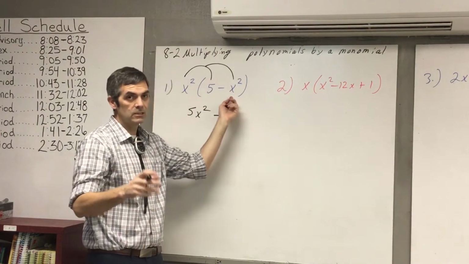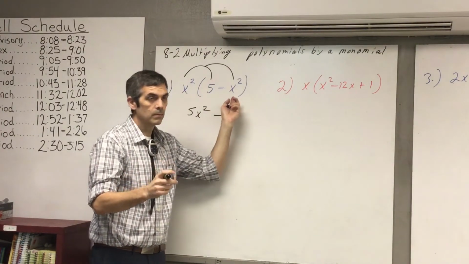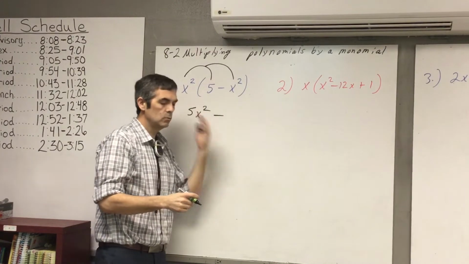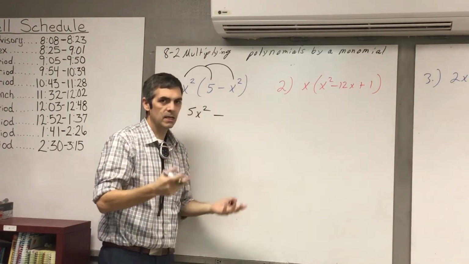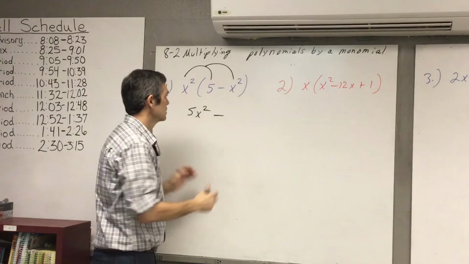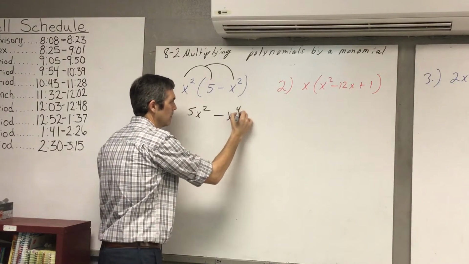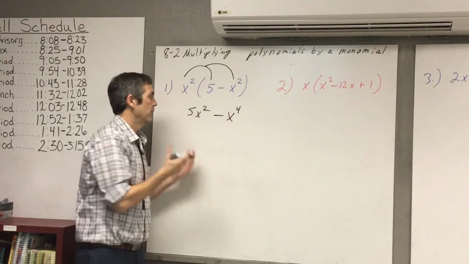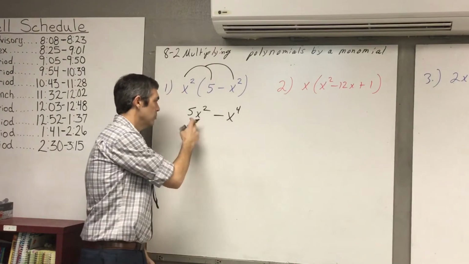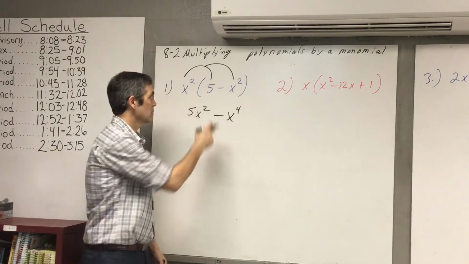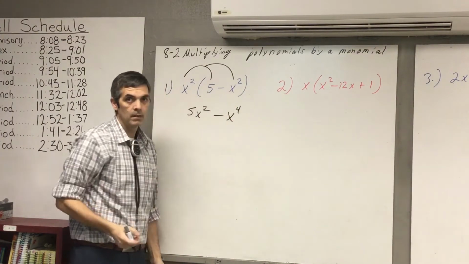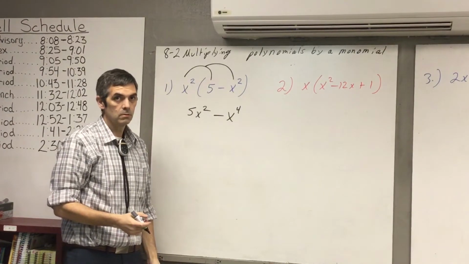Now this is your product of powers rule. When you multiply two powers with the same base, you add their exponents. So here you have x to the 4th. That is in its simplest term because you cannot combine these two things, just like you could not combine these two things. They're not like terms, okay?